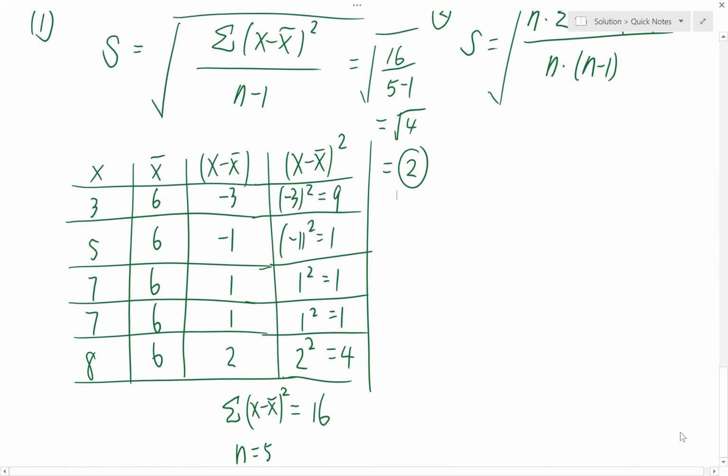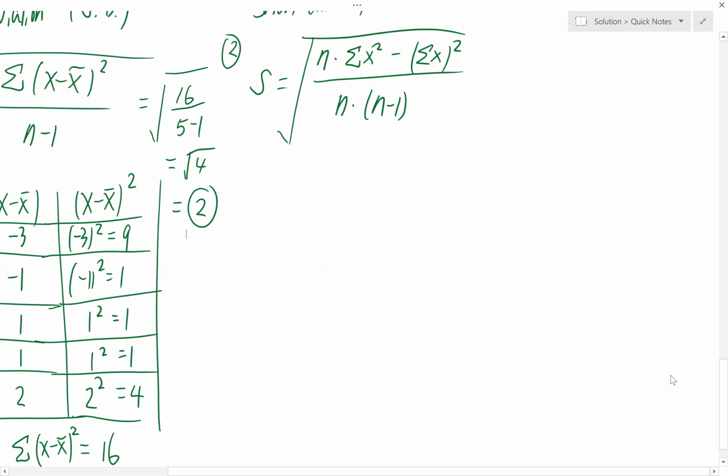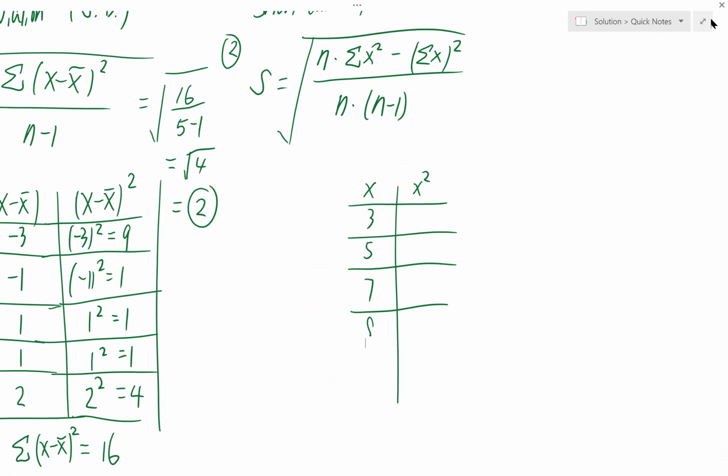And for the second method, all we need is two columns. Still the same data set: 3, 5, 7, 7, 8.